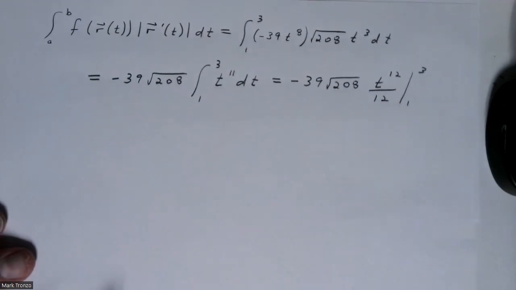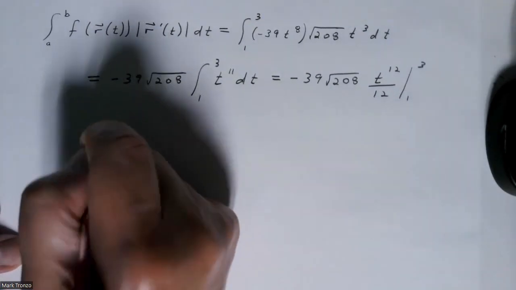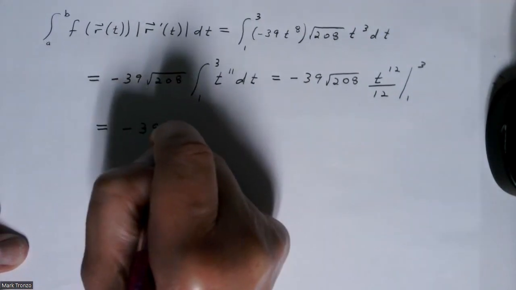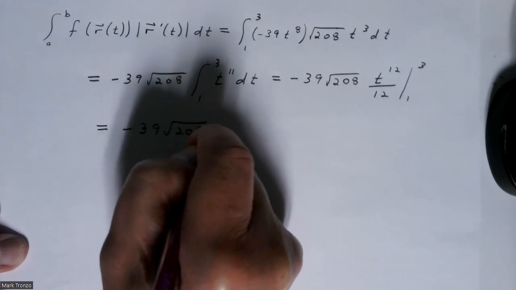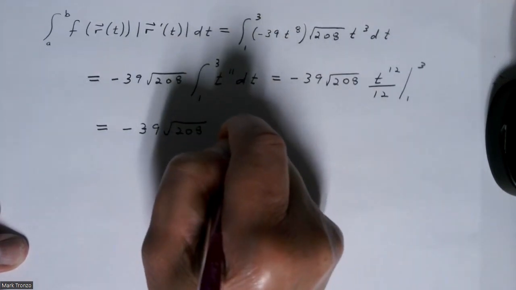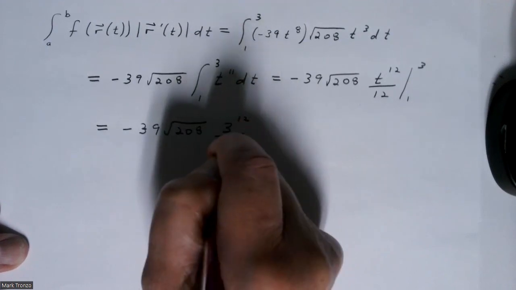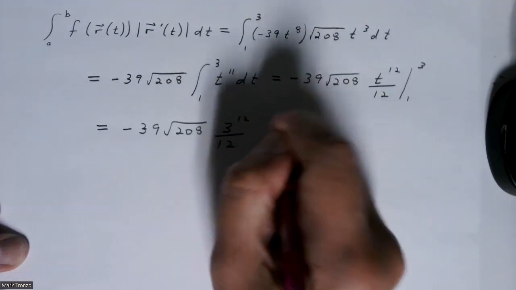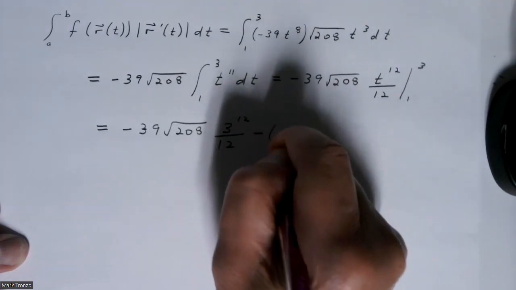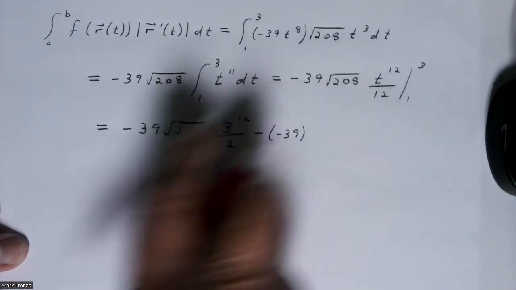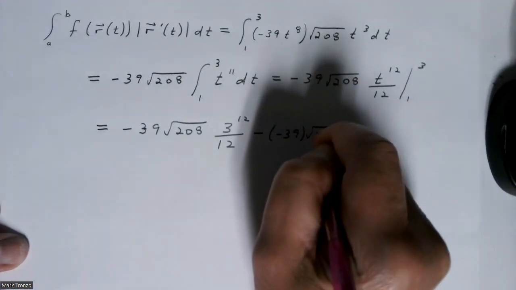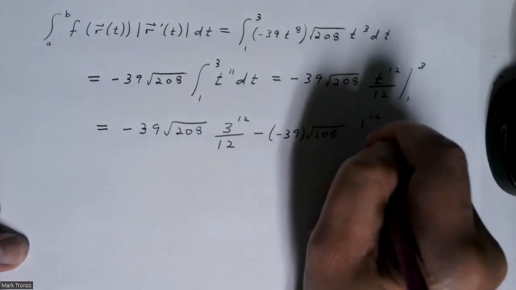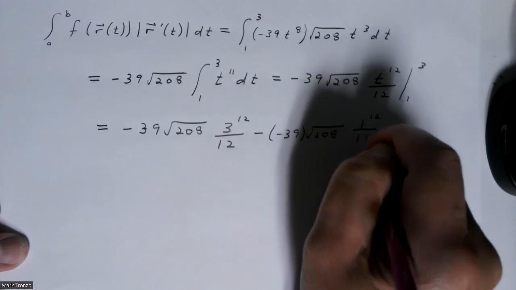This, minus 39, square root of 208, t to the 12th over 12. Put the upper bound in. Now we could have separated these, which would make it a little bit more compact, but I'll show it this way so nobody gets confused on that.